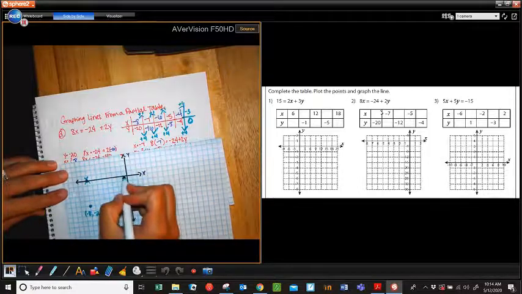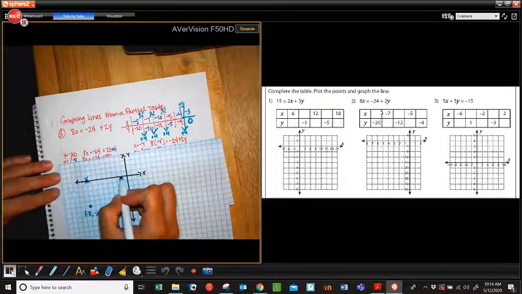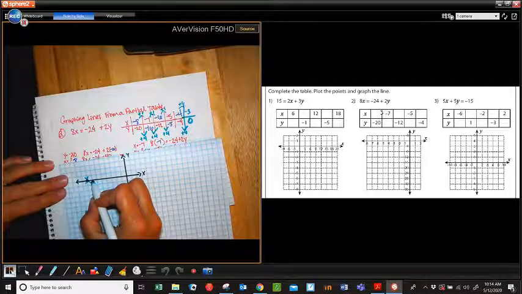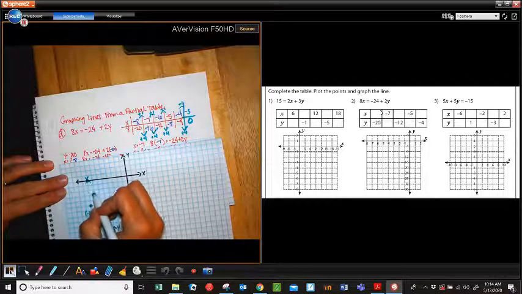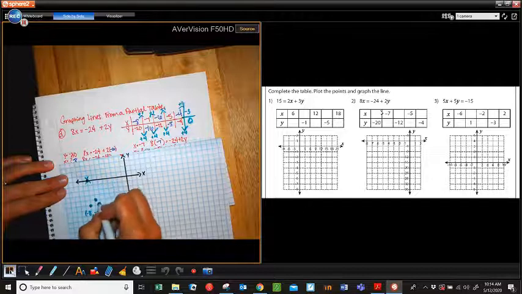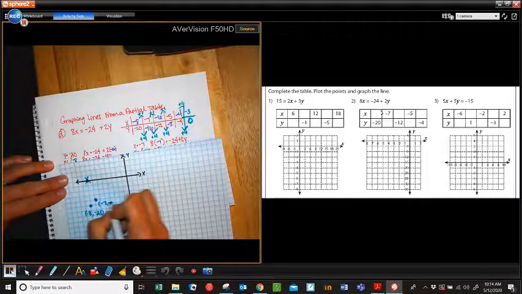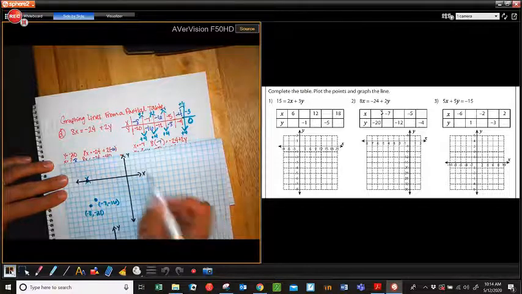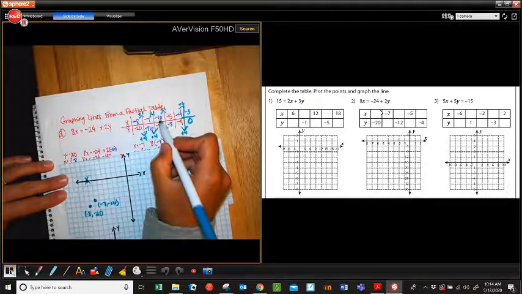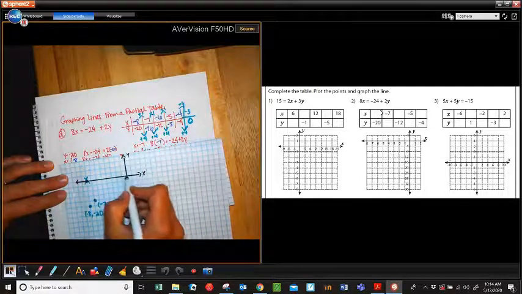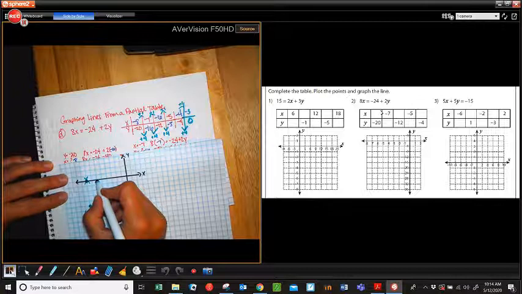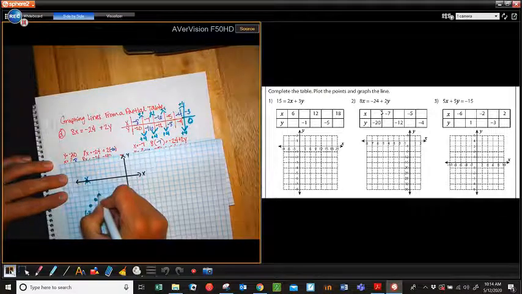Our second point, -7, -16. So I'm going to go to the left and not plot a point. 1, 2, 3, 4, 5, 6, 7. And I'm going to go down 16 by 4. So 4, 8, 12, 16. Plot my point, and I'm going to label that. Third point, -6, -12. To the left, 1, 2, 3, 4, 5, 6, down 12, counting by 4s, 4, 8, 12.